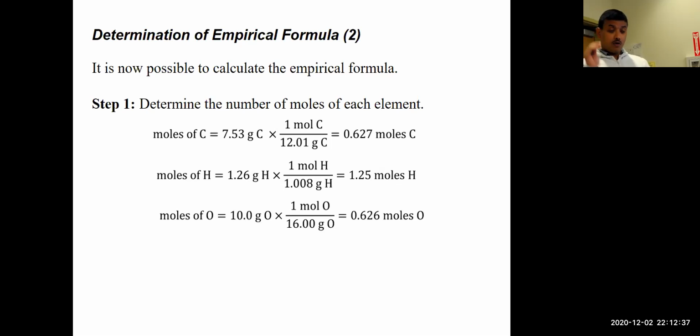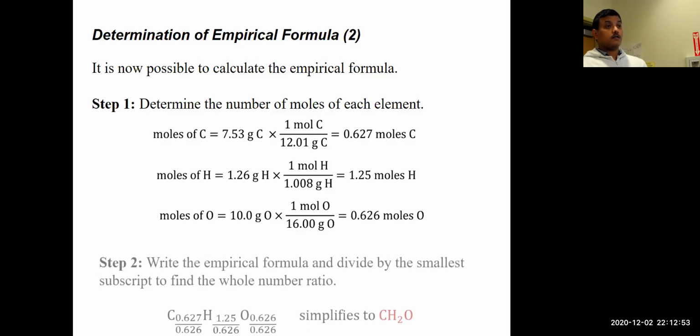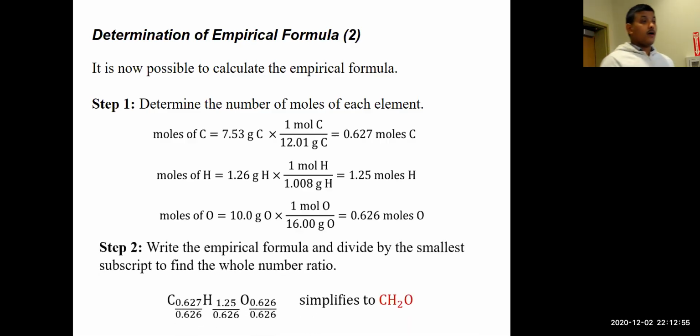Okay, so now once you know all of these moles, to identify the empirical formula, the smallest ratio, you're going to take the smallest moles over the rest of the moles to identify the ratio of one to another. And this is how we do it. So 0.627 is the smallest moles, or 0.626, and you're going to take it over another.